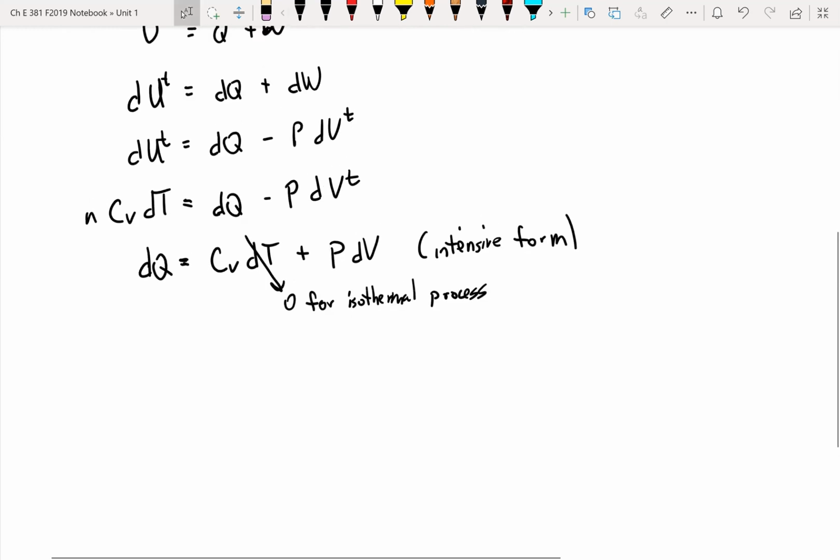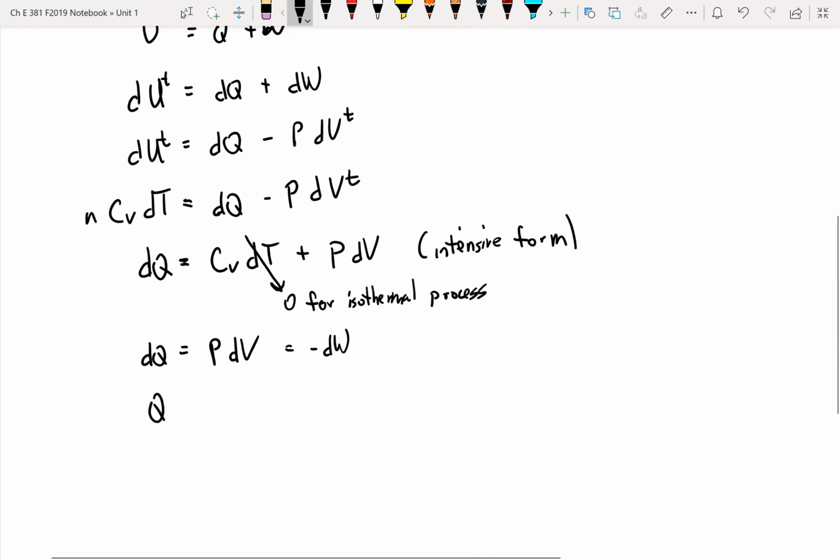So anyways, for an ideal reversible isothermal process, we just get down to the differential amount of heat is equal to PdV. Remember, that's minus dW.